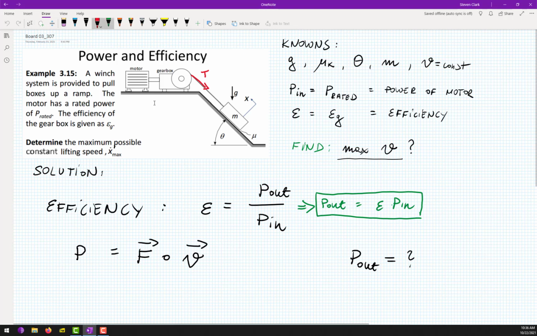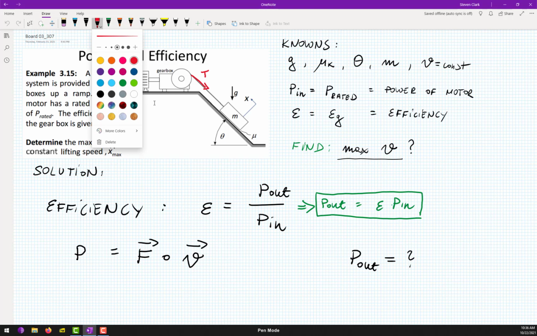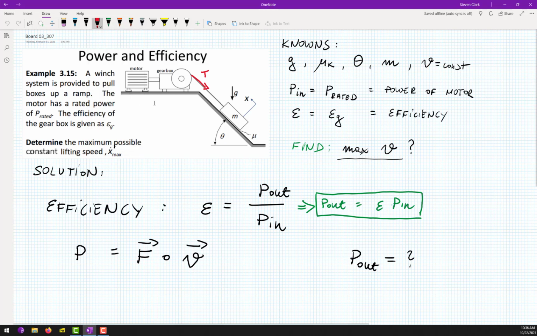So this example just introduces this expression. Efficiency is power out divided by power in. That's the only new thing you're gonna see right now. Okay. Efficiency is P out divided by P in. And maybe this one: power is force dot velocity.